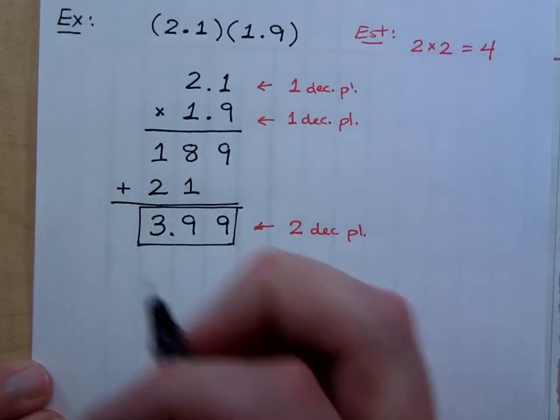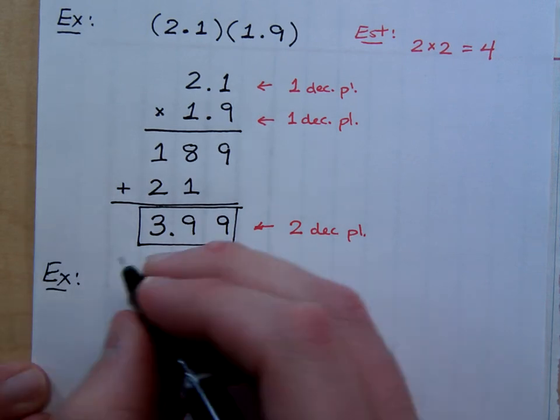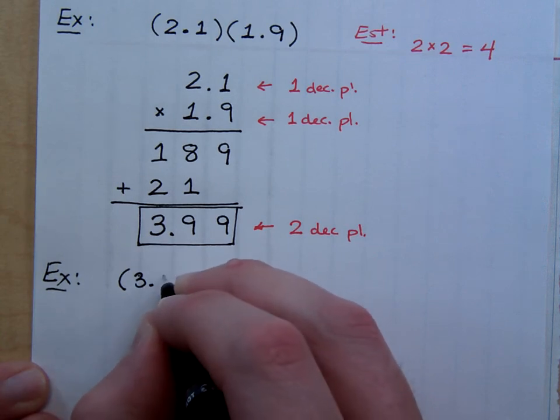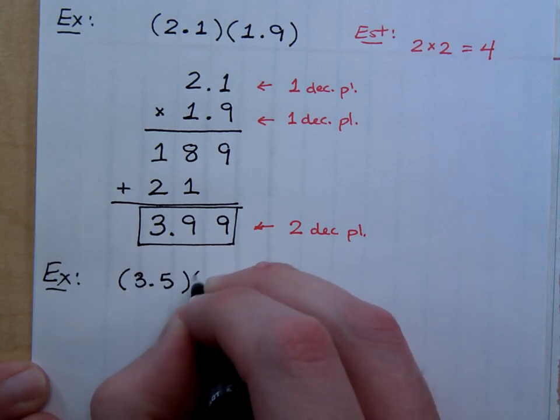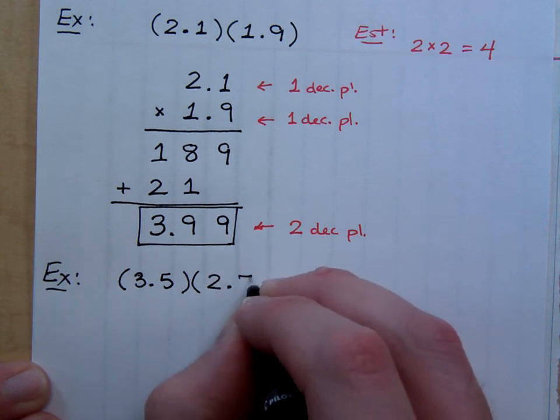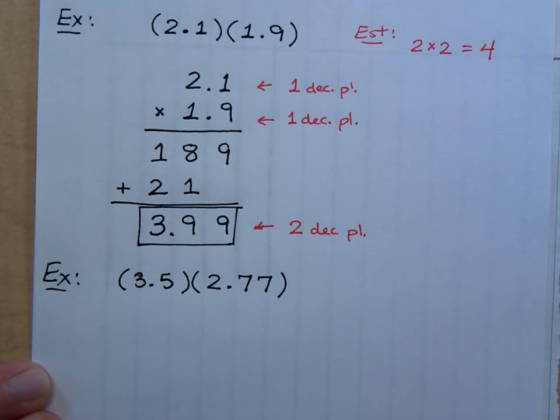Okay, let's do this next guy. If I have 3.5 times 2.77, I just need to multiply these.